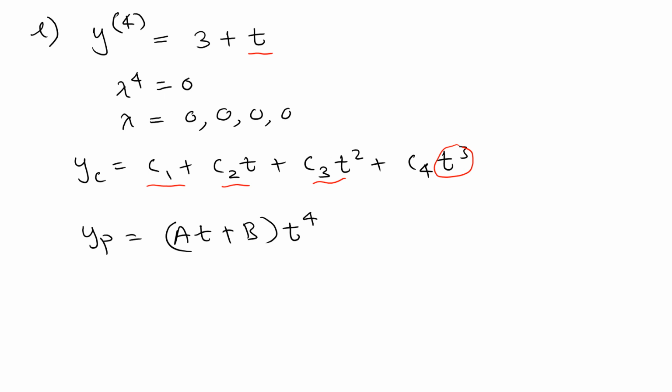That's the correct yp. If you distribute, you get a t to the 5th power plus b t to the 4th power as the correct yp for this problem.